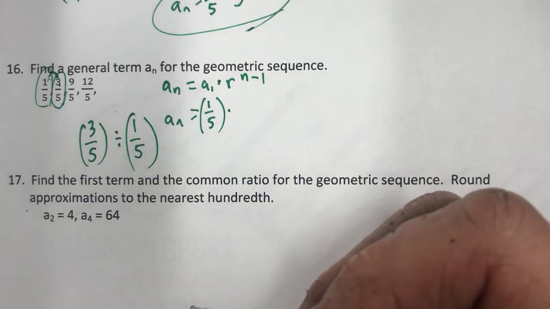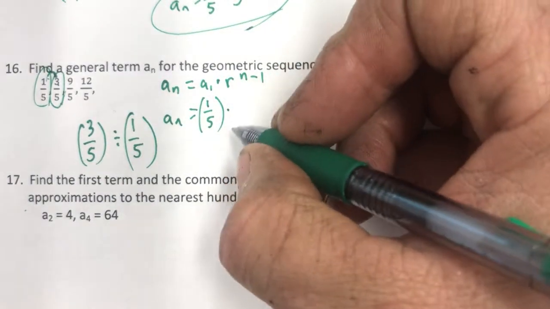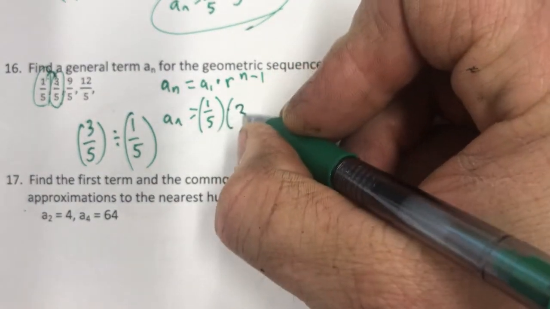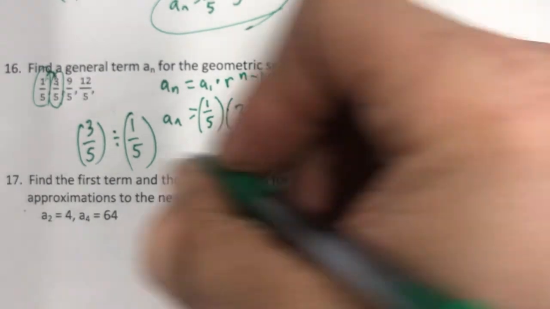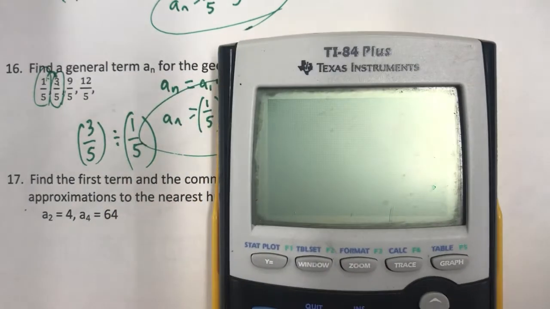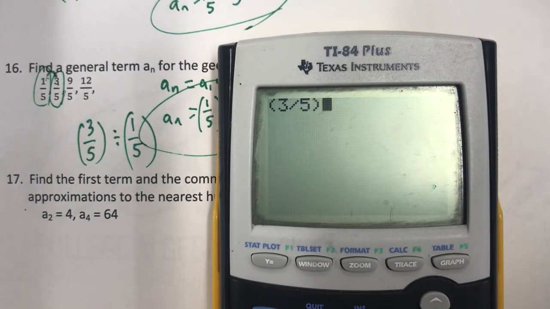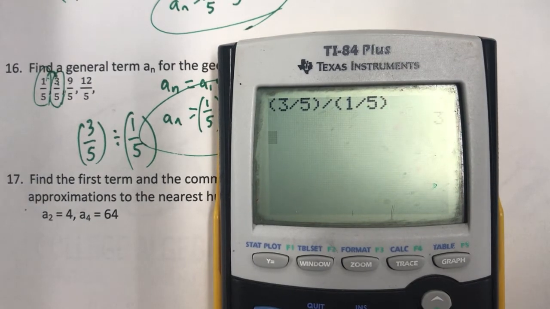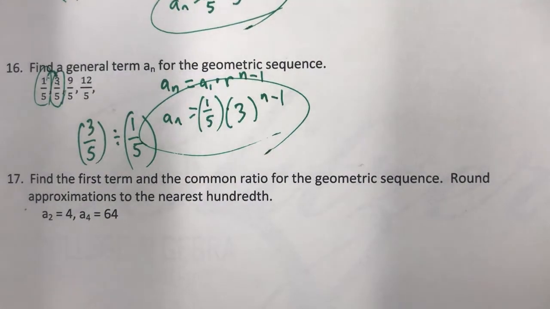Okay. Now I think it's just gonna be 3. And there you have it. You punch it in the calculator to make sure, but I'm thinking it's just 3. So 3/5 in parentheses divided by, in parentheses, 1/5. Yep, 3. So I was right.